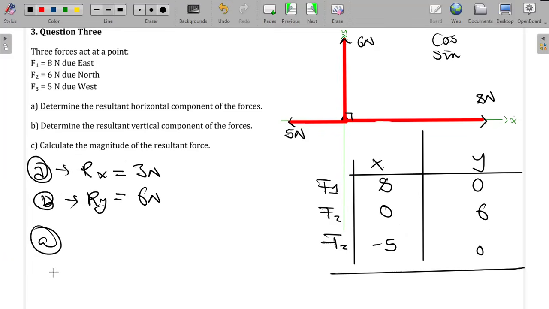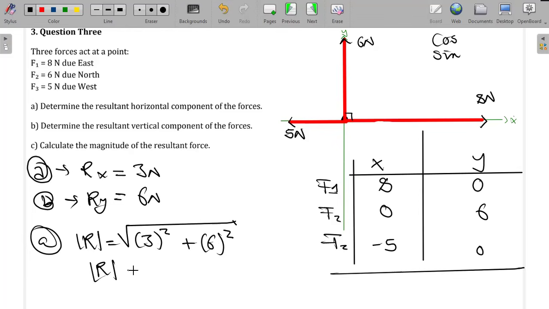C is saying I should calculate the resultant, and hence my resultant, which is the magnitude of R, will be equal to, I'll open my brackets like that, Rx, which is 3 newtons squared, plus Ry, which is 6 newtons squared. All right. So my resultant R will be equal to, for anyone who has already found the final answer, 9 plus 36.